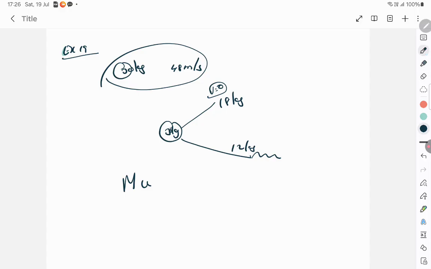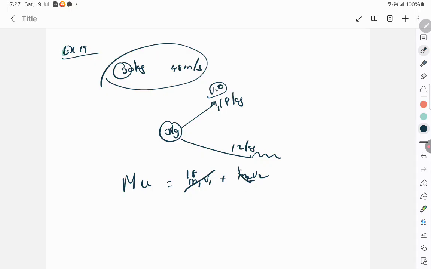Should be this initial momentum, which should be equal to the final momentum, which is m1 v1 plus m2 v2. The first body's mass is 18 kg, but the velocity is 0. But you know that v1 is already 0, so this can be ignored even if you put 18 here.